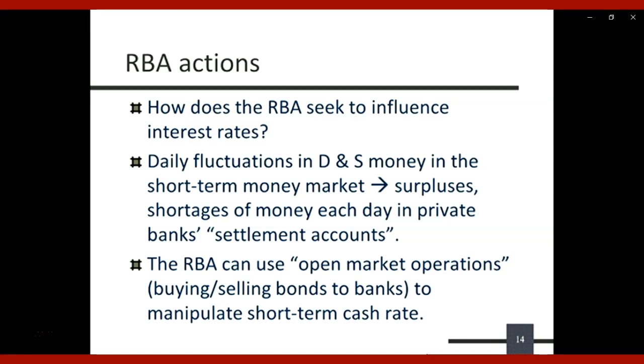If they have to pay higher interest rates to each other in the short-term money market, they will pass on those costs to their customers. And so all of these interest rates will get shifted up, right up to the credit card. From the home loan right up to the credit card, they all get shifted up. All due to the Reserve Bank of Australia manipulating the short-term money market and thereby manipulating the banks.